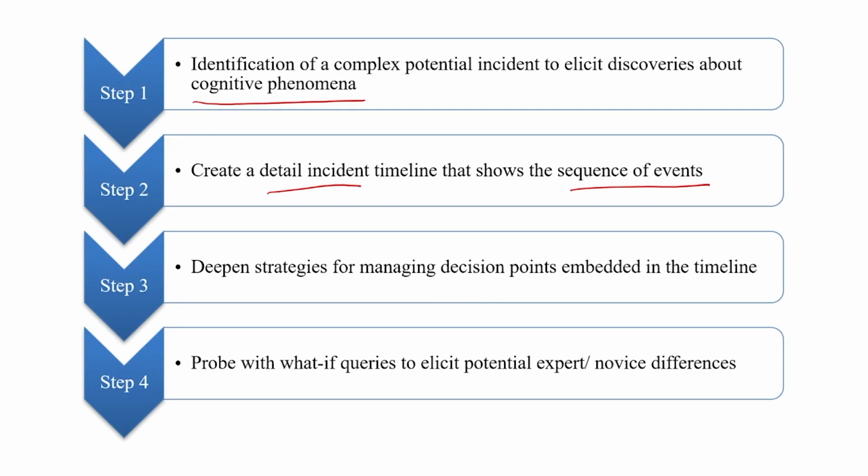Once this stage is over, in the next stage we try to find out the strategies that have been taken for managing those decision points which are already embedded in that particular timeline.